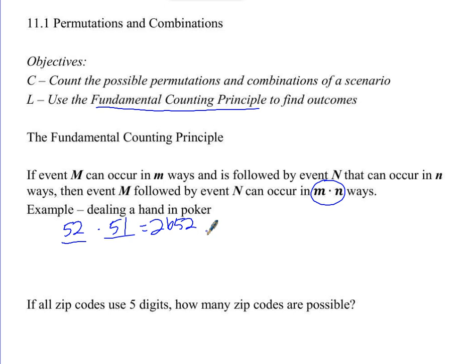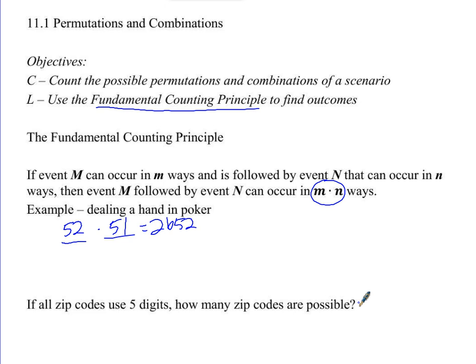Okay, so that's not a fraction bar. That is a position holder, and I was about to explain that. When I'm doing problems like this that involve the fundamental counting principle, I'll put little dashes down to show me all of the positions that things can be. So like for example in this problem, if all zip codes use 5 digits, how many zip codes are possible? Well, in a zip code, like we have 82426, right?